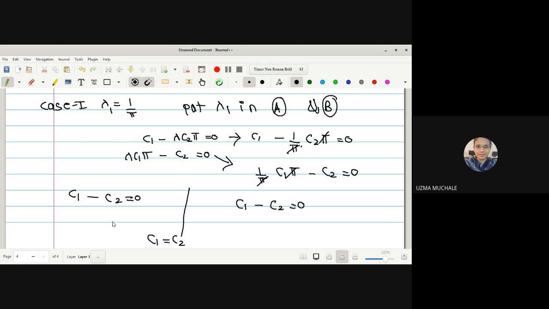And it is clear from the lambda itself. If I substitute lambda as 1 upon pi, you get C1 is equal to C2. And if I substitute lambda equal to minus 1 upon pi, it will obviously be C1 exactly opposite of C2.